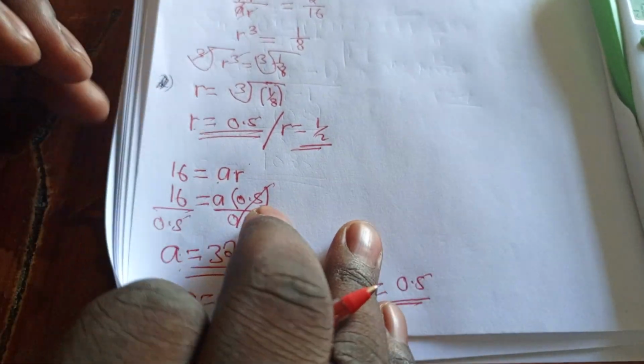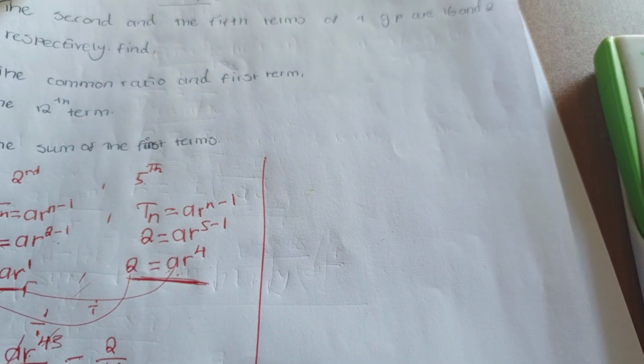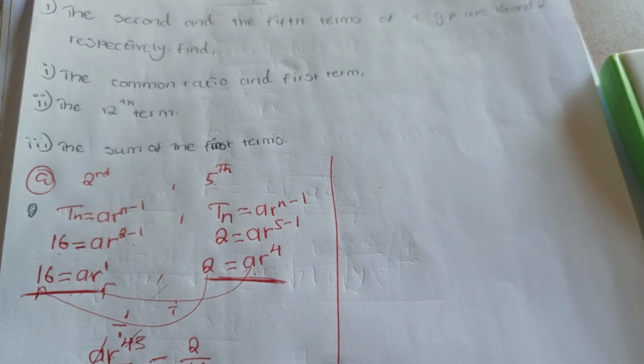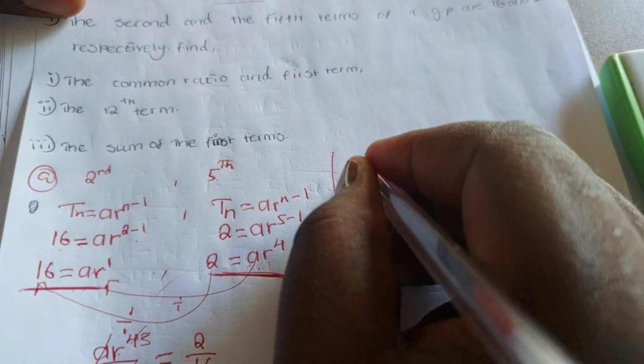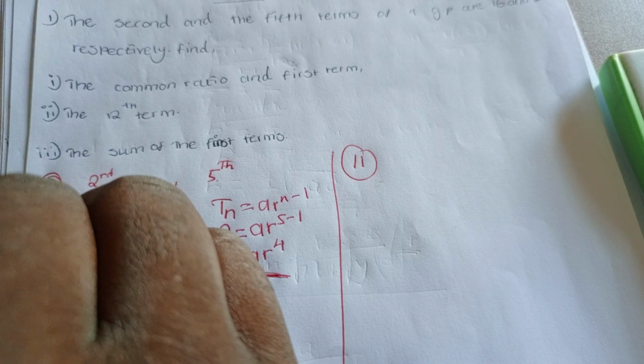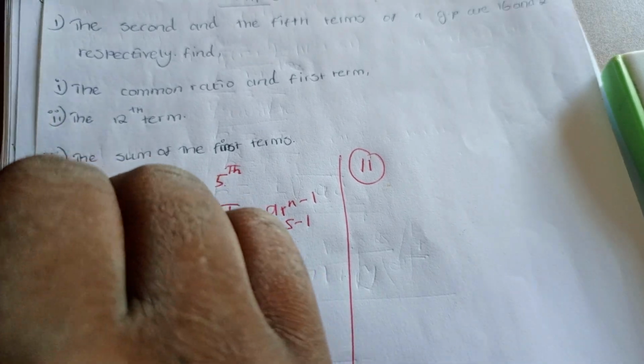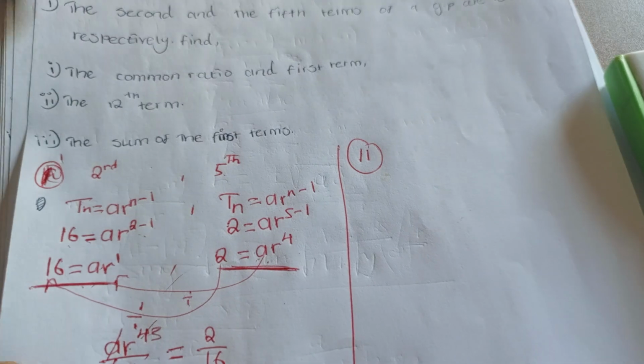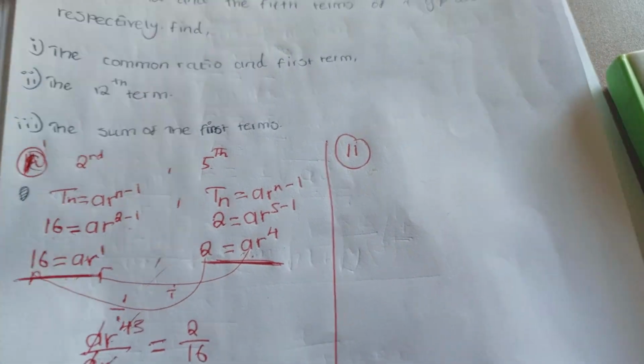Then now I go to question number 2. I'll go to the next question, which says find the 12th term. So I made a mistake. This is question number 2, the 12th term. So they want me to find the 12th term.